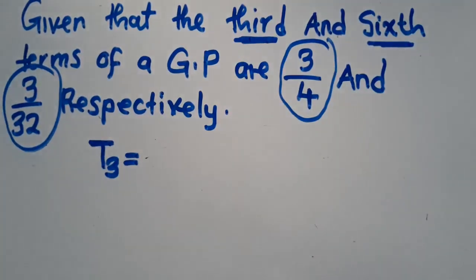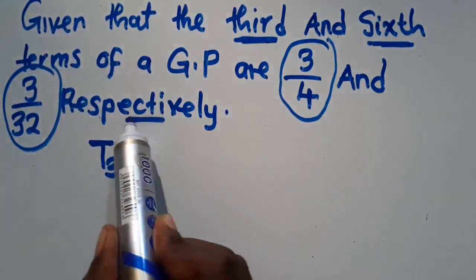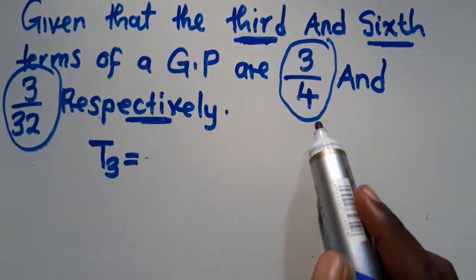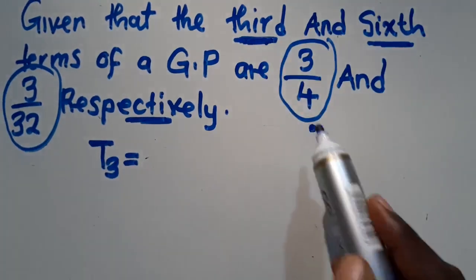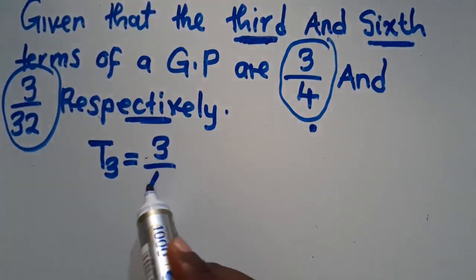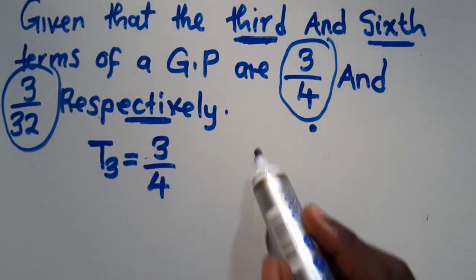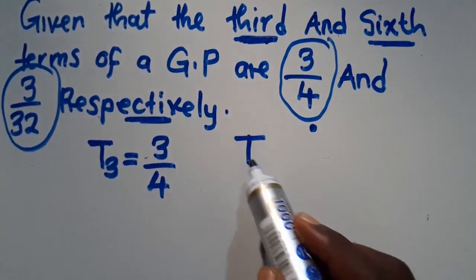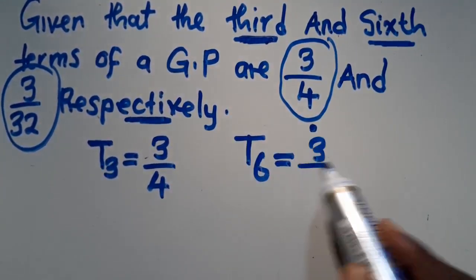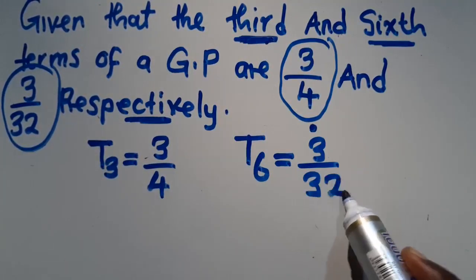What you are supposed to do here is something very simple. When you hear the word respectively, the first thing mentioned goes with the first thing given. So the third term is 3/4. This is what you're given. And the sixth term is 3/32.